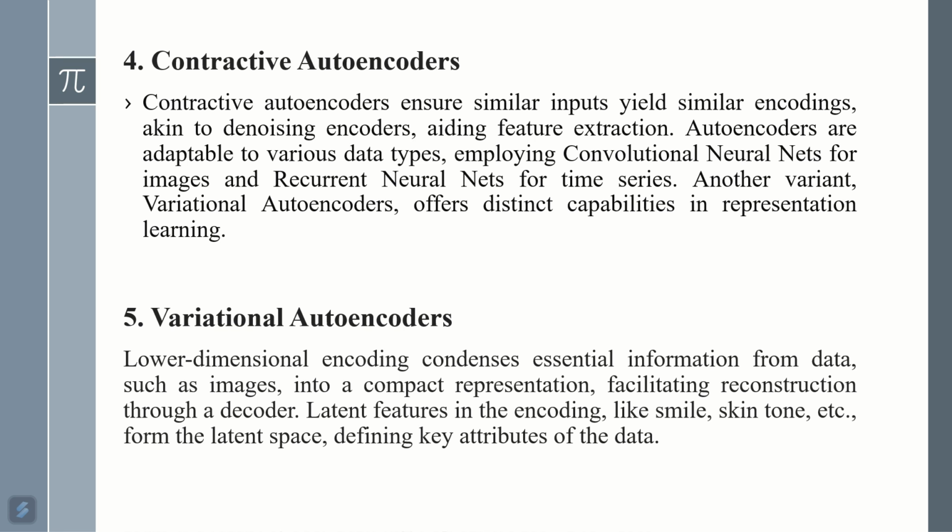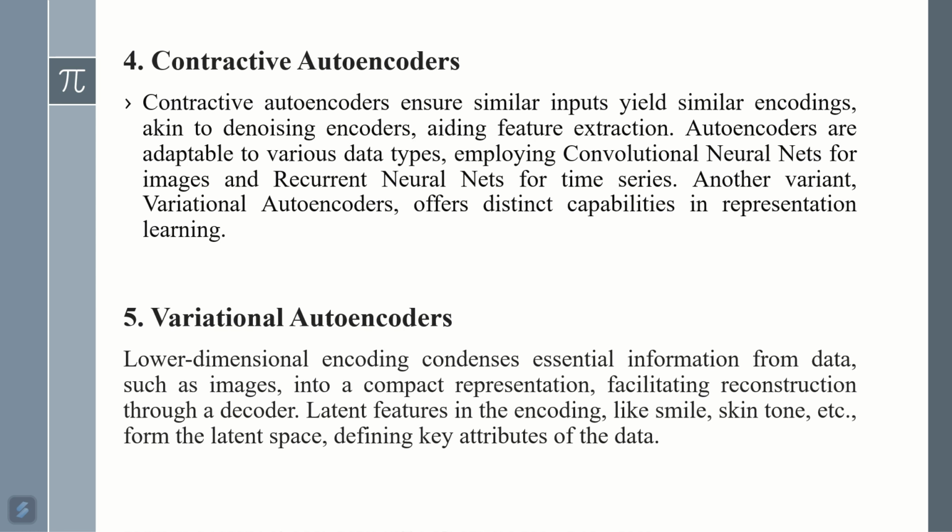They focus on extracting the essential features from the input data while ensuring that similar inputs produce similar encoded representations. Autoencoders are like versatile tools that can handle different types of data. For images, they use convolutional neural networks, while for time series data, they employ recurrent neural networks.